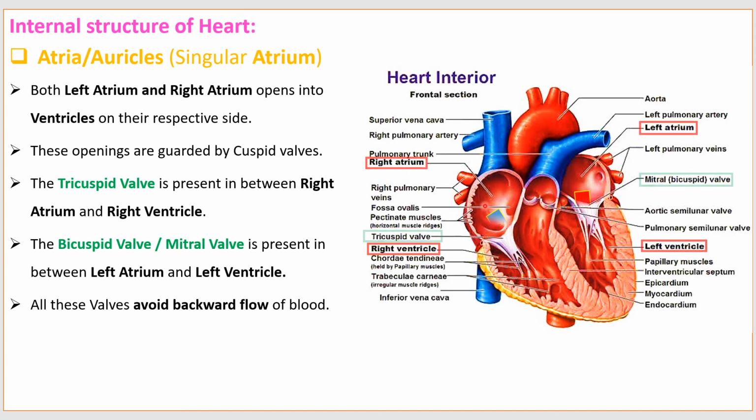So here the tricuspid valve is present. Whereas the bicuspid valve or mitral valve, look here, is present between the left atrium and the left ventricle. All these valves avoid backward flow of blood.